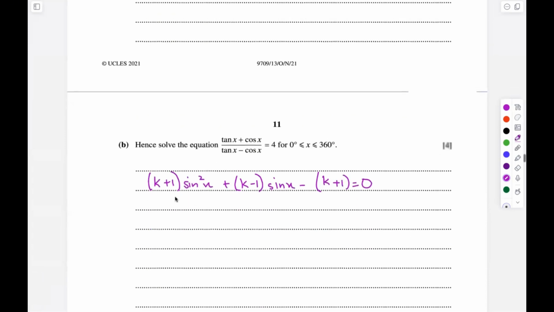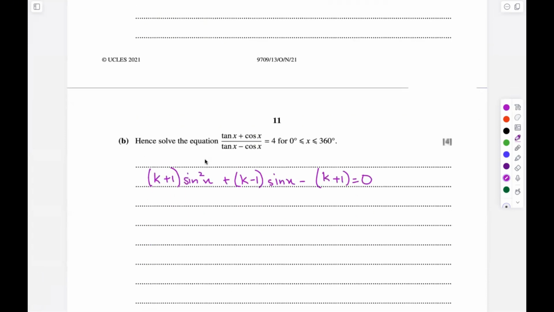equals to 0. As we now know that k is equal to 4, this will become 5 sin²x + (4 − 1), which is 3 sin x, and minus (4 + 1), that is 5, equals 0.